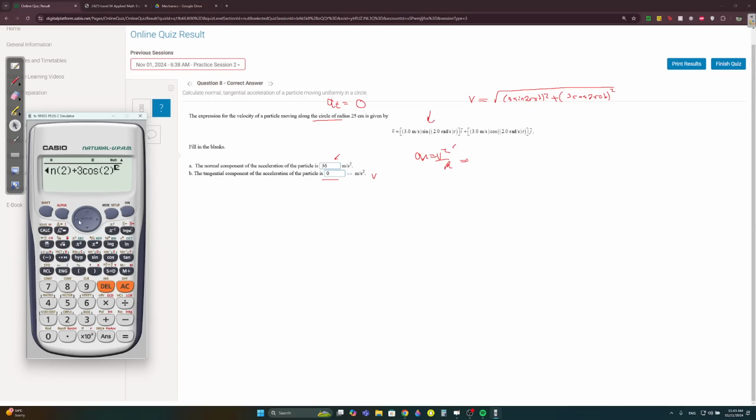You won't get an answer. Oh no, it would. Degrees? I think you get the wrong answer. Wait. Oh, you'd get the same answer? Then square divided by 0.25. Okay, you get the same answer.